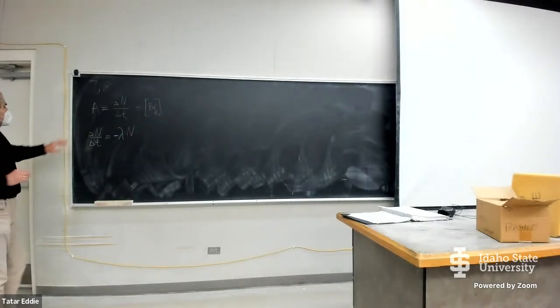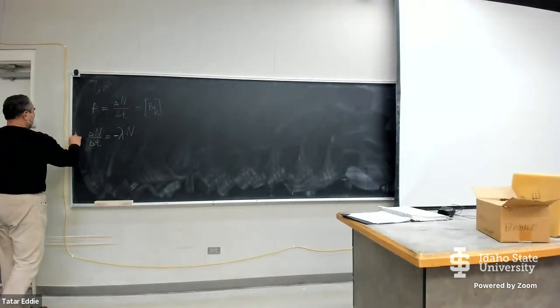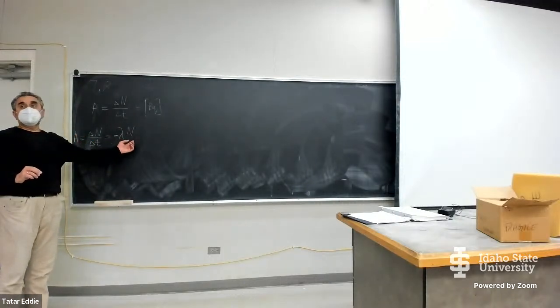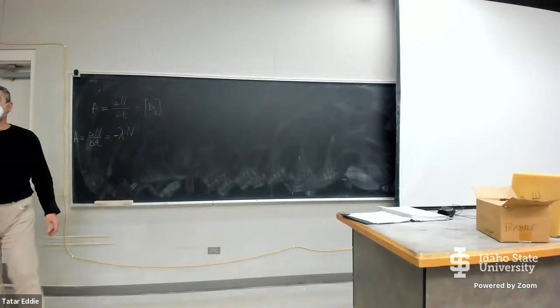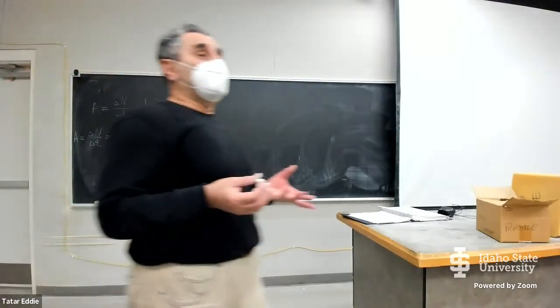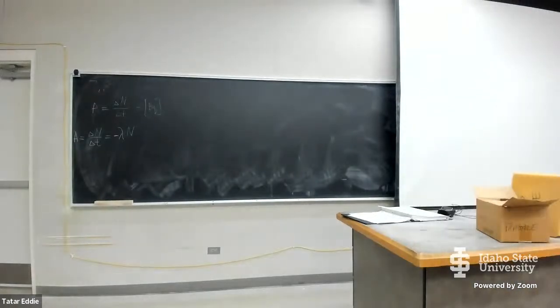So the activity of any sample is proportional to the number of nuclei in this sample times the decay constant with negative algebraic sign in it. Again, the decay constant is a number specific for different radioactive nuclei, and you're going to see in a minute that it has a dimension of inverse time.